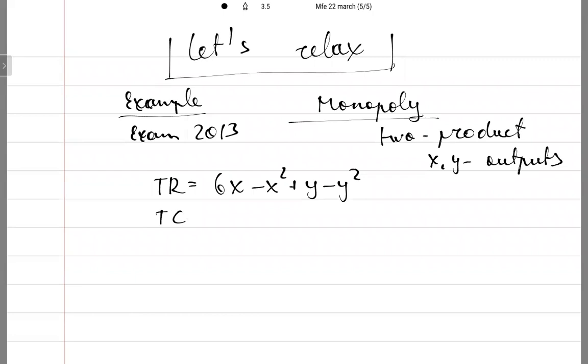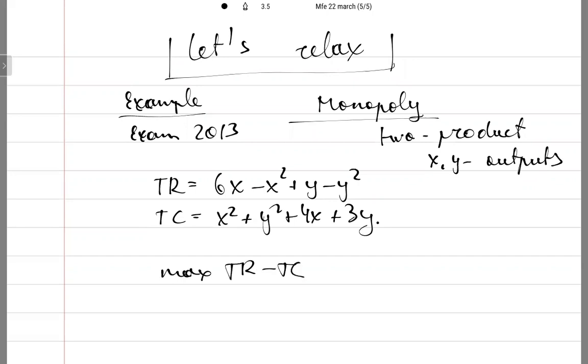The total costs are given by x squared plus y squared plus 4x plus 3y, and we need to maximize total revenue minus total cost by choosing x and y, but we have a condition.